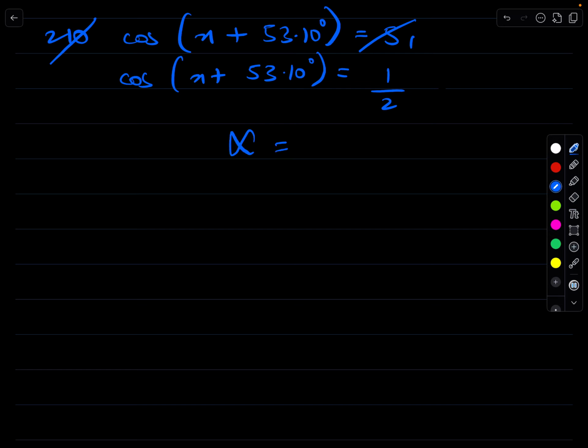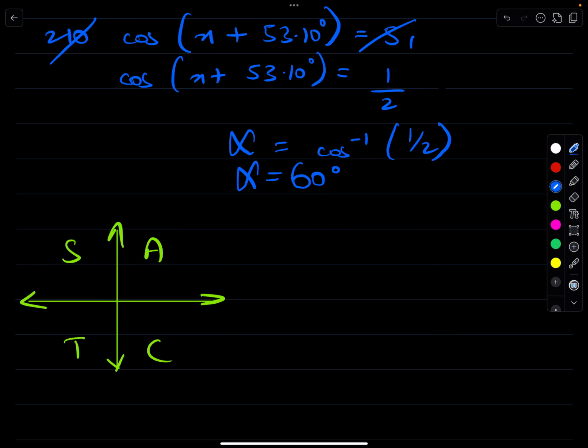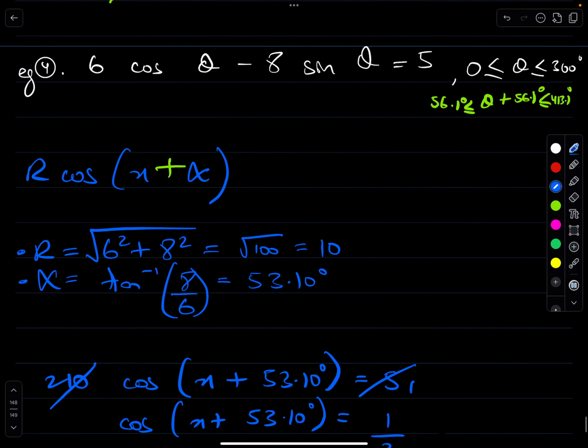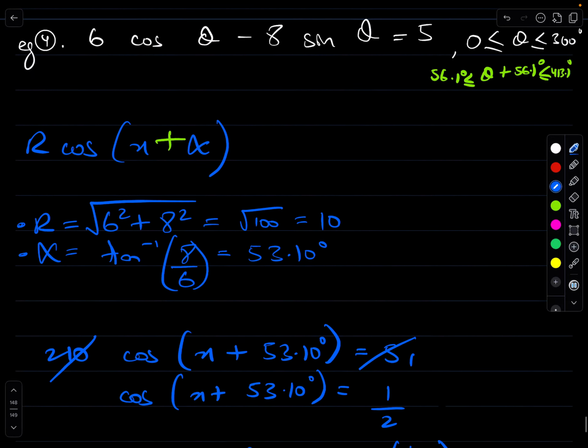Solve for alpha first and then for x. And alpha turns out to be 60. So cos is positive in the first and the last quadrant. So this is what ASTC would look like. And alpha plus 53.1 degrees is equal to 60 degrees and 300 degrees, which perfectly fall in the range.